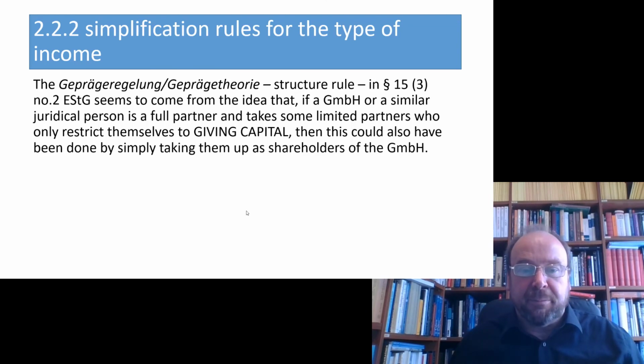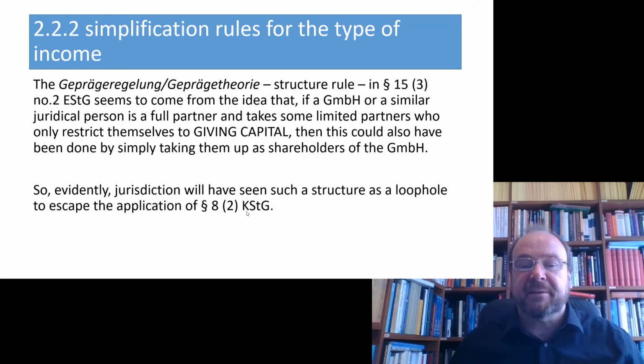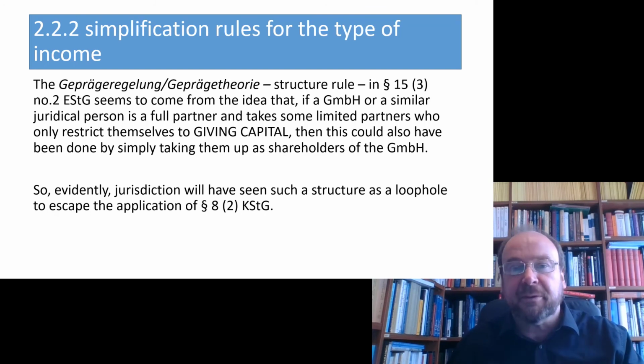So I personally assume that jurisprudence will have quickly drawn the conclusion that such a KG structure, where a GmbH is the only full partner, is nothing else than a kind of loophole to escape the 8.2 KStG rule, and then they draw the consequences. This can't be. We are going to treat this as a tax abuse.